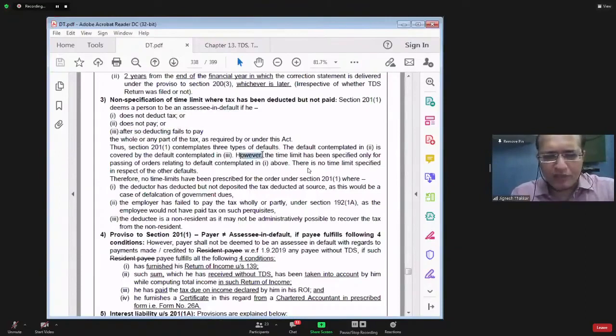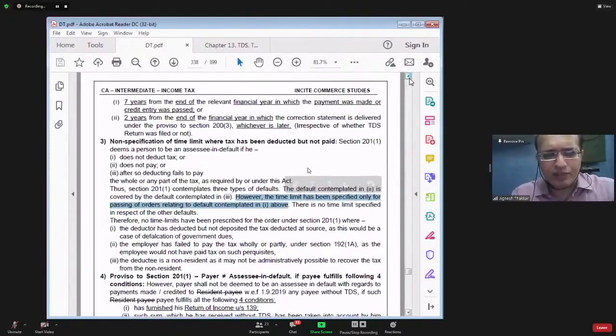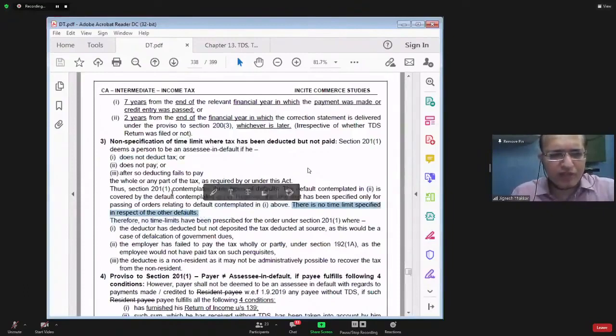However, the time limit has been specified only for passing order relating to default mentioned in point 1 above. The time limit which I have explained you is applicable only when the payer does not deduct tax. There is no time limit specified in respect of other defaults. Other default means default number 2 and default number 3.